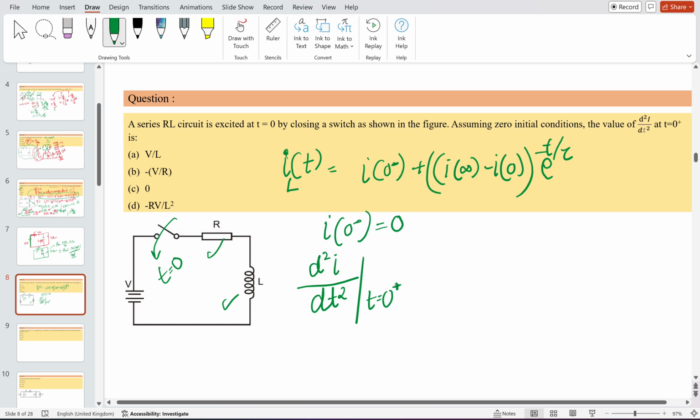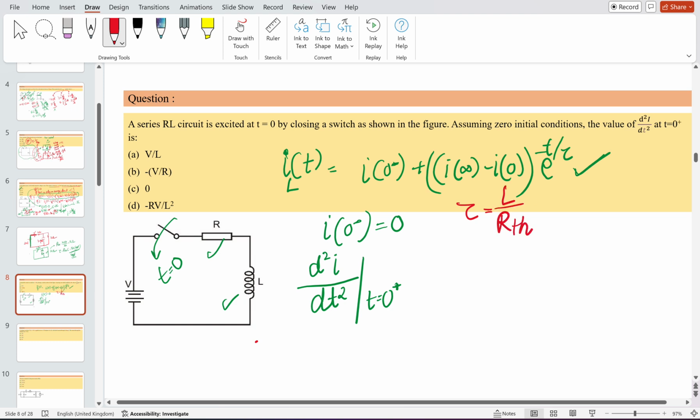In this kind of problem, it is very easy when you use these equations. Let's go step by step. Let's first find the time constant tau. I have told you that if it is an inductive circuit, it will be L divided by RTH.